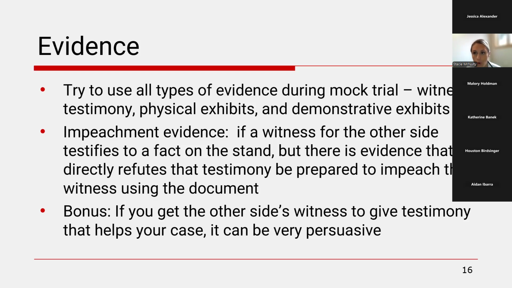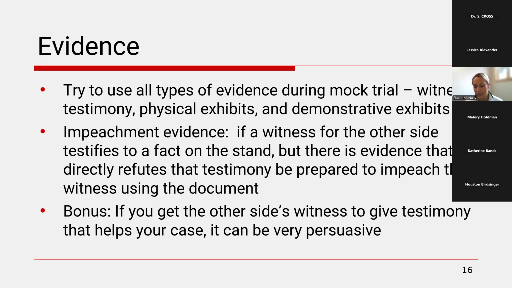Another type of important evidence is impeachment evidence. And this is actually the really fun type of evidence, because impeachment is discrediting somebody. If a witness for the other side testifies to a specific fact, but there's evidence in the record, and you're going to see this as you go through your case, where you say, they said the pen was red, but if you look on the actual document that we have, the ink is blue.